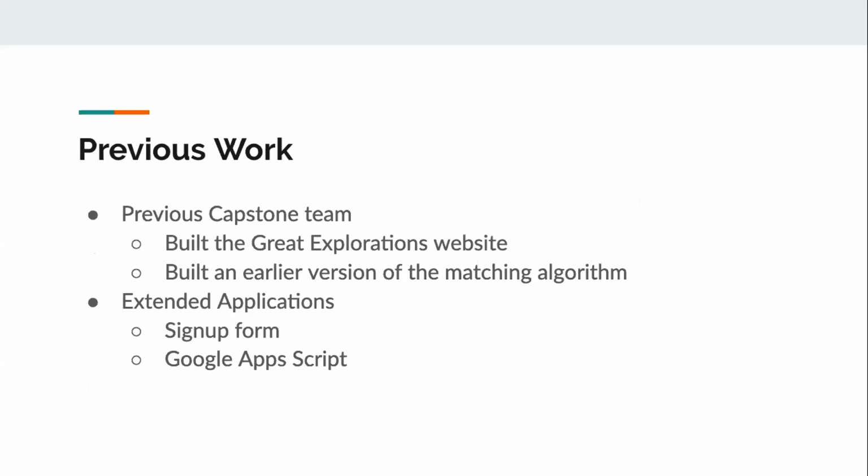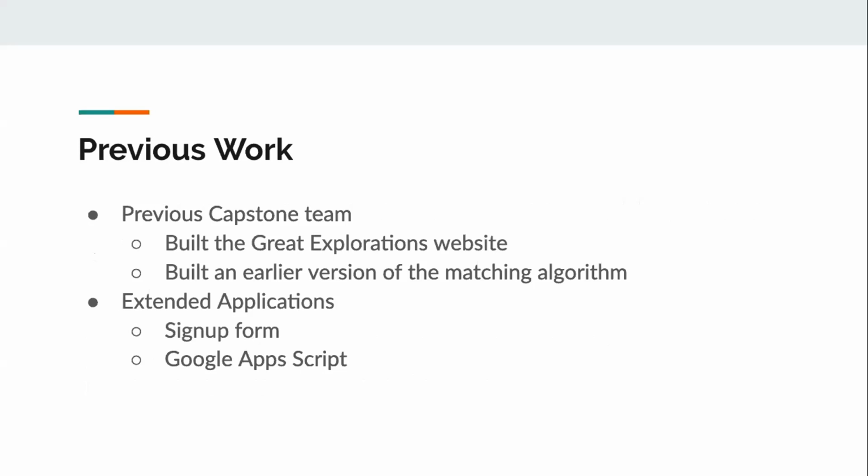Last year, Great Explorations partnered with another Capstone team, as we mentioned, to meet some of their essential requirements. That team built the Great Explorations website and also a basic version of the matching algorithm that we took on in this project. They built a Google form into the website, just embedded there, to handle signups.